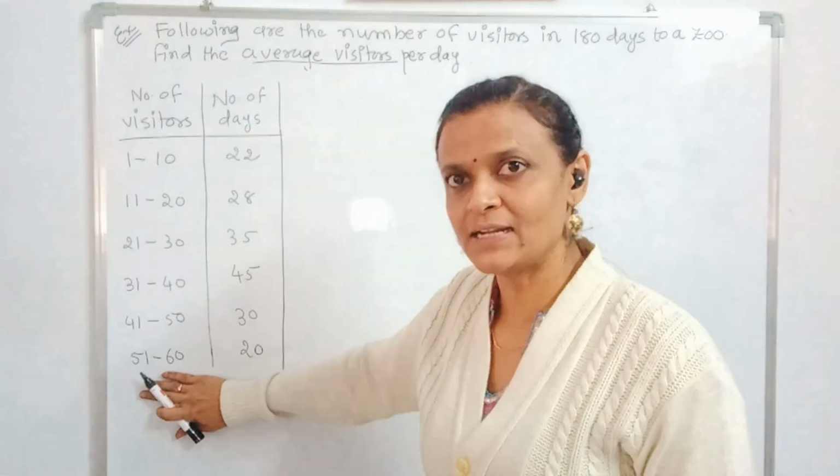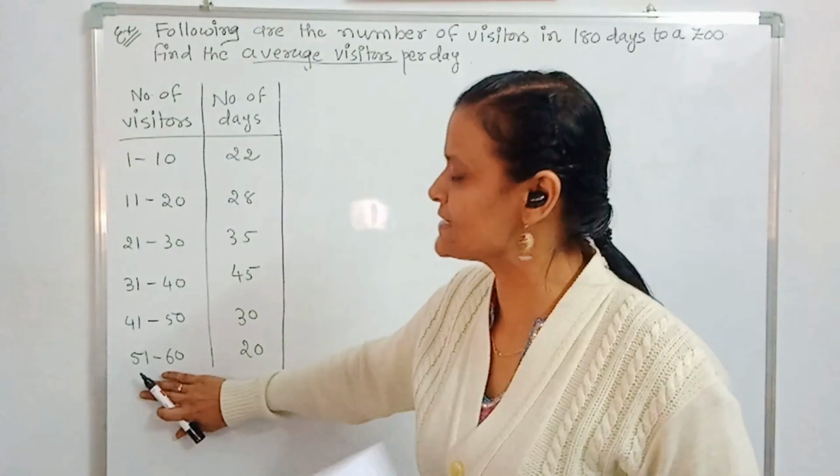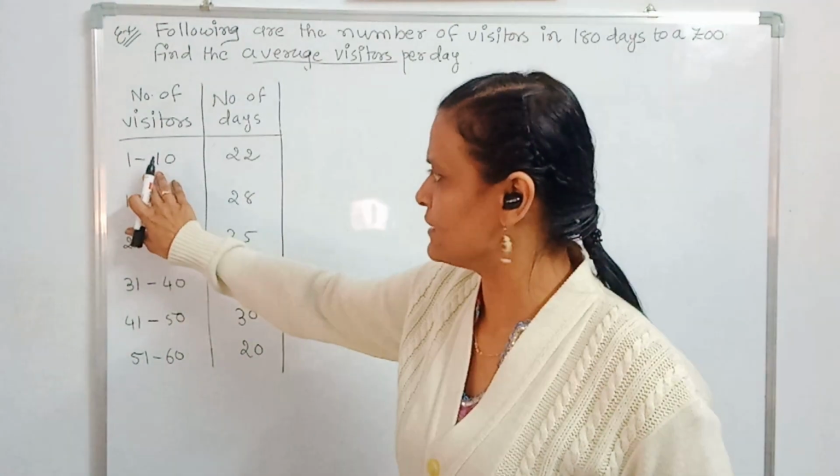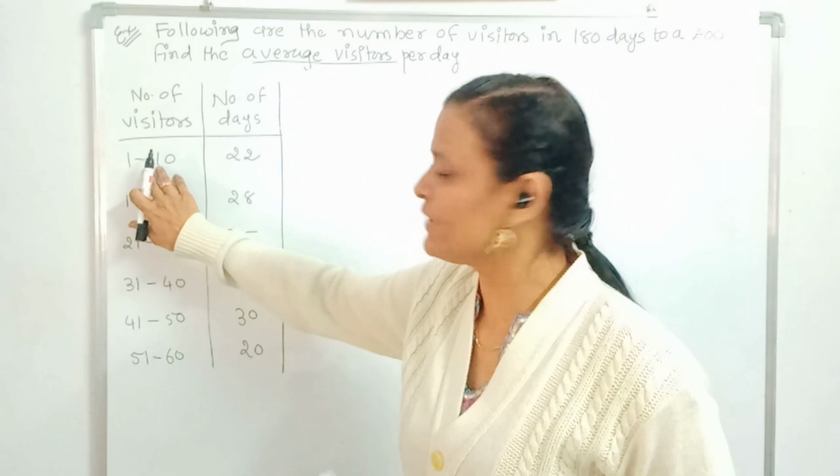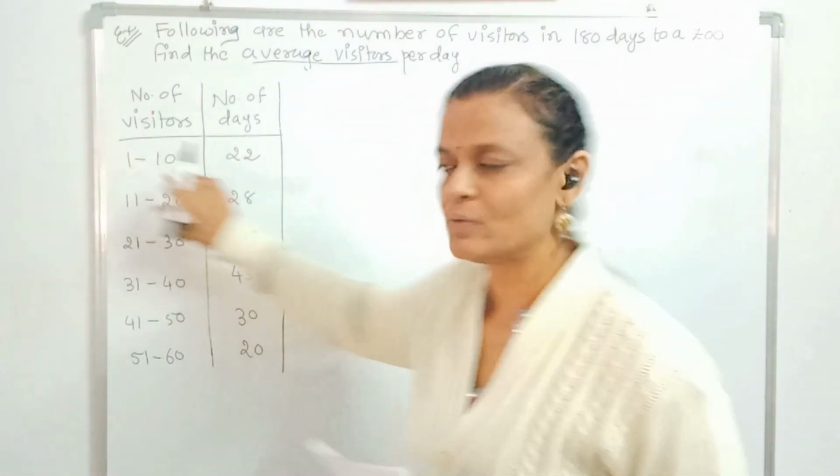But it is different from the second example. In the second example, the direct number was given. Here the range is given. So how can we find the mean value?